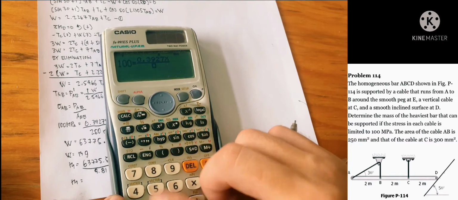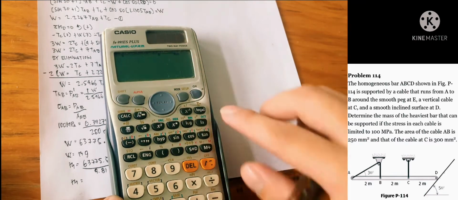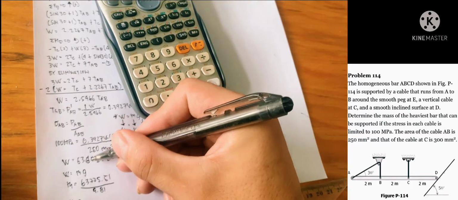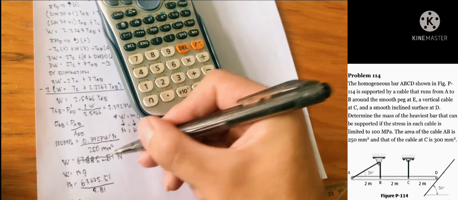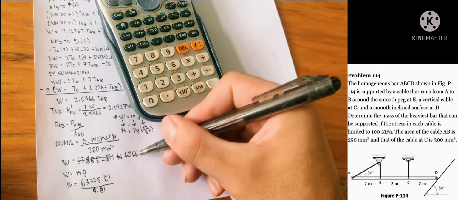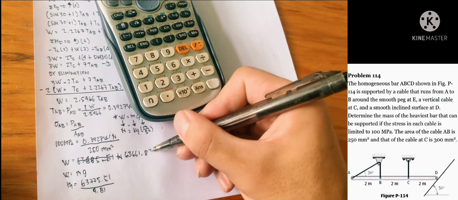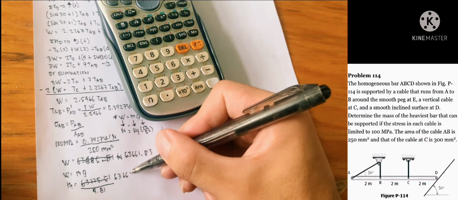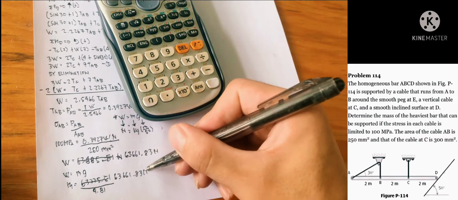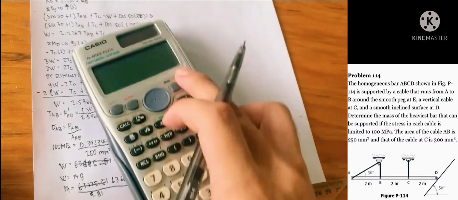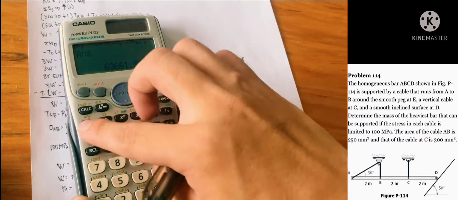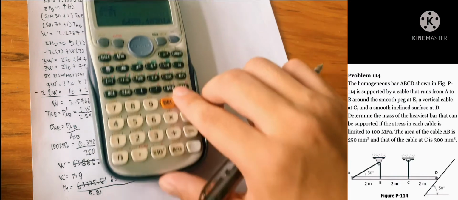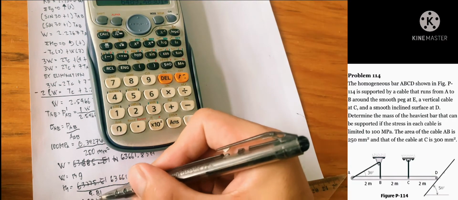Let us double check first. 63.661 is 63.661. I believe I had that typo. That was the only mistake. So the answer is 9.81, 6489.